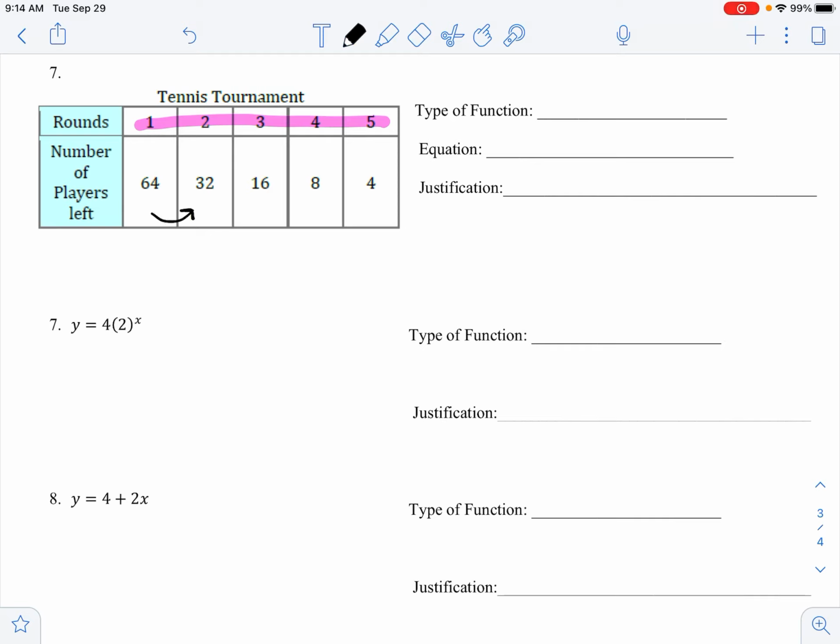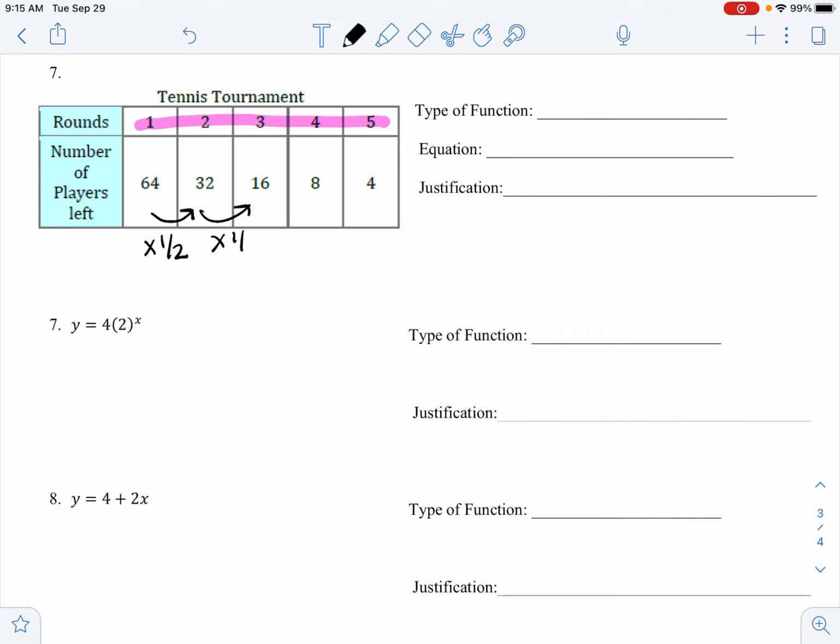So now I'm going to check for a multiplier, right? I'm going to check to see if I can multiply to get the next term. So I have 64 to 32. How is 64 related to 32? I would have to divide it by 2. Remember, we're thinking of multiplying instead, so don't write divide by 2. That's equivalent to times by half, right?